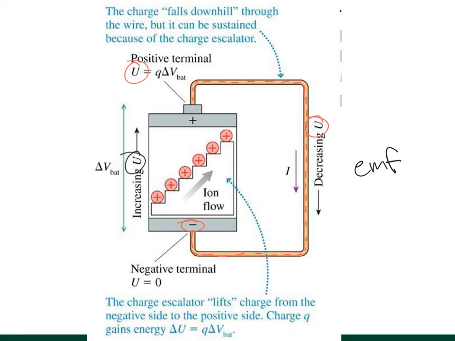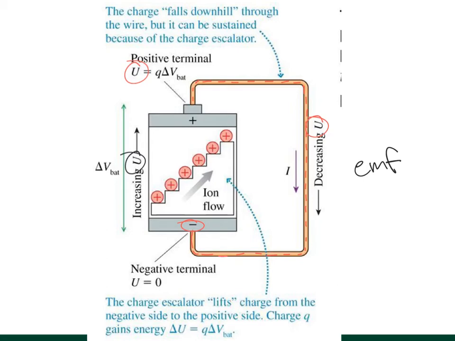And this happens through chemical processes that I'm not going to get into. And in generators and solar panels, it's powered by whatever the generators run on, like gas or something. Or generators can be hydroelectric, so it could be run by water, or it can be run by the sun if it's a solar panel.